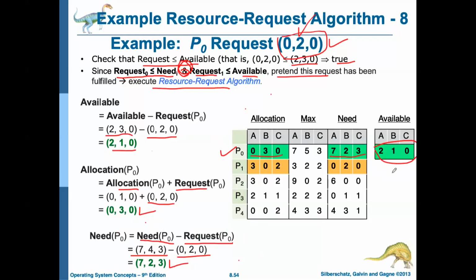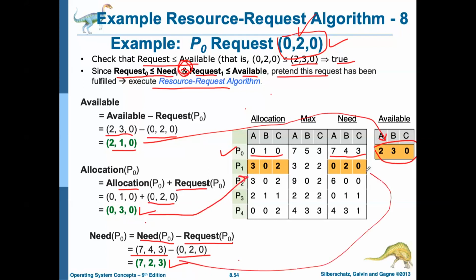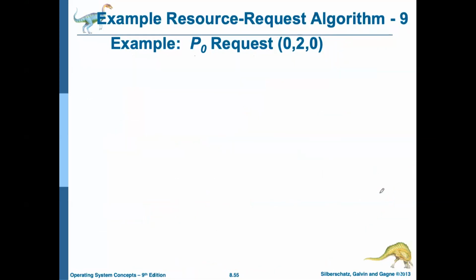So here we look. We change this, and then this allocation, and need. And now we have P0 request 0, 2, 0 for each of the resources.